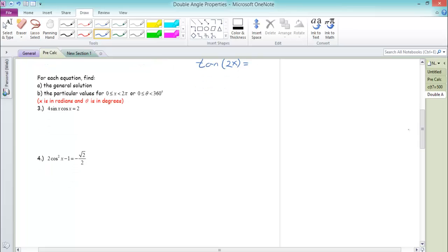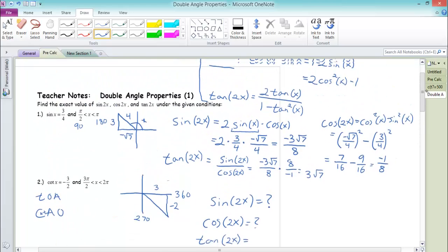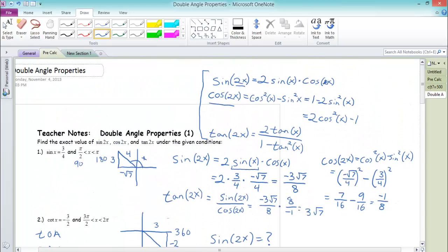Okay, so this video won't be 30 minutes long, let's move on to number 3. For each of the following, we're going to find the general solution and the particular values from 0 to 2 pi, or 0 to 360. I'm going to take these equations and try to make them look like one of these guys.